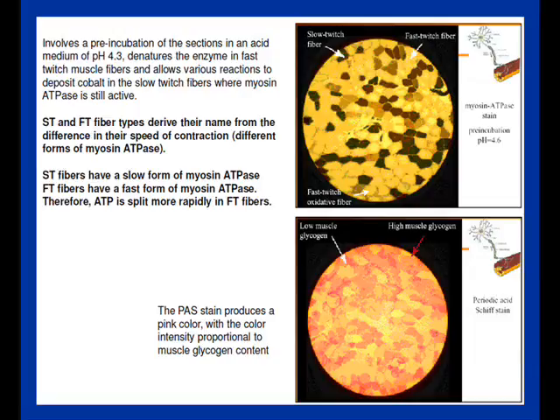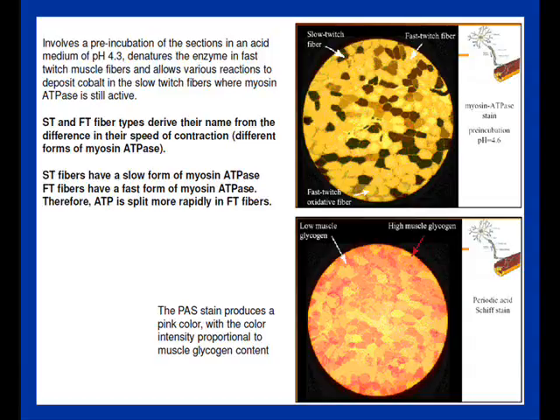That enzyme is the ATPase I spoke about in myosin. So it denatures that, breaks it down. It allows various reactions to deposit cobalt, which is kind of a black material, into the slow twitch fibers where the myosin ATPase is still active, hasn't been denatured. You denature the slow twitch muscle fiber with an alkaline bar, high pH. Okay? But you don't really need to know that too much.